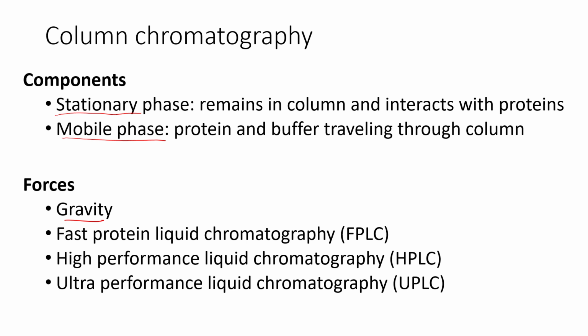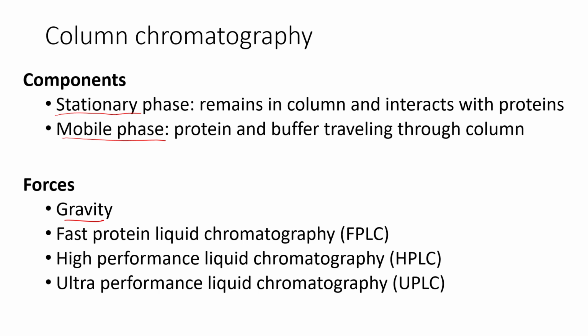And then going in order, we have these other methods. Next we have fast protein liquid chromatography, which uses a pump at low pressure to push the mobile phase through the stationary phase. After that, we have high performance or high pressure liquid chromatography, HPLC, that uses even higher pressures. And then finally, we have ultra performance liquid chromatography or ultra high pressure liquid chromatography, UPLC or UHPLC.